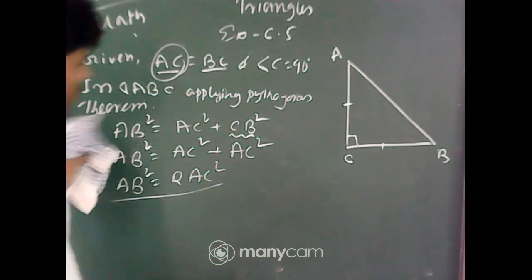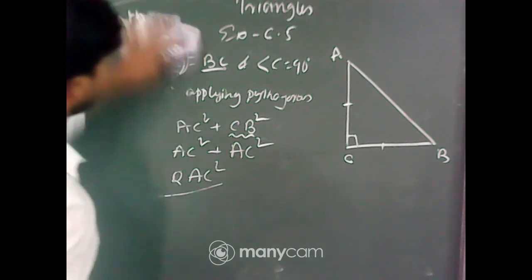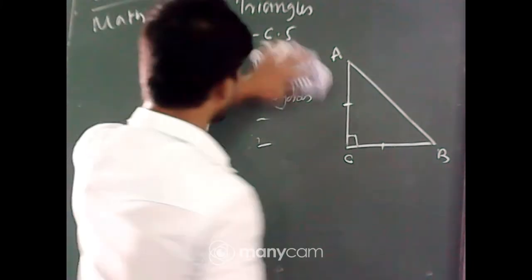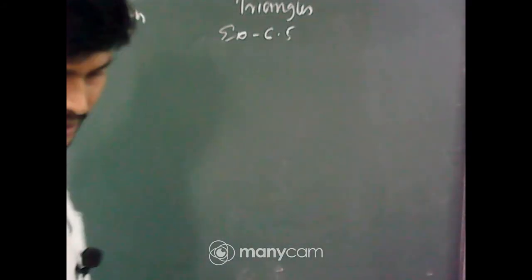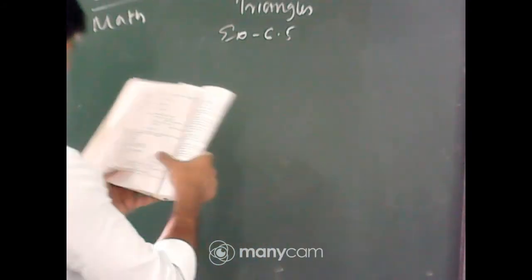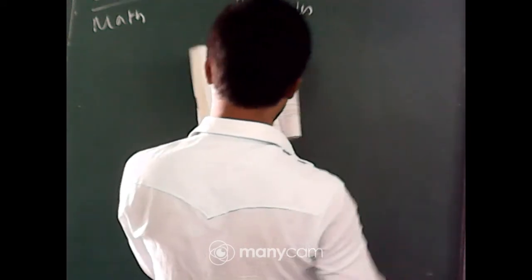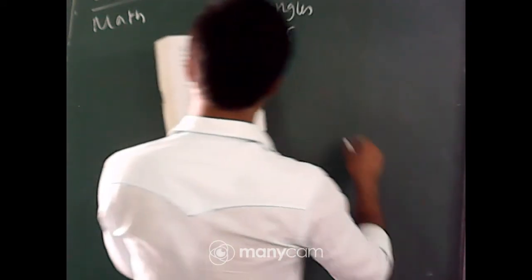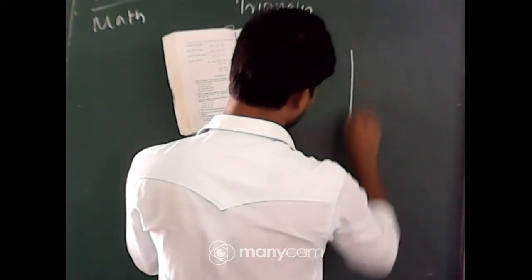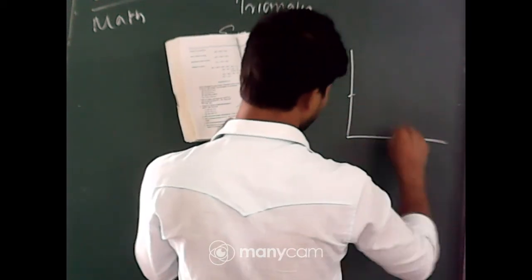Just the converse of this problem. So it is given that ABC is an isosceles triangle and AC equals BC. So let us draw an isosceles triangle.